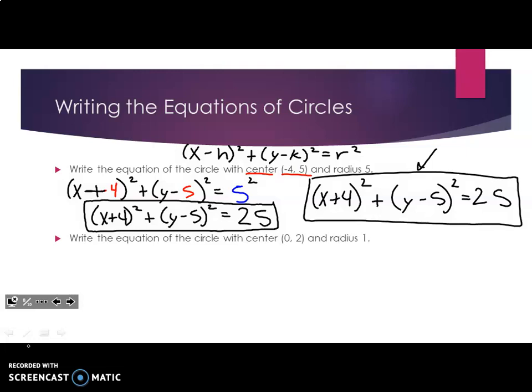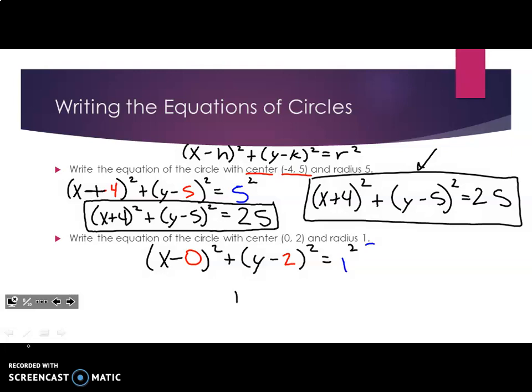Pause and see if you can do this for this next one here, because this next one has a little trick to it. For this one, I would have x minus 0 squared plus y minus 2 squared equals, my radius would be 1 squared.